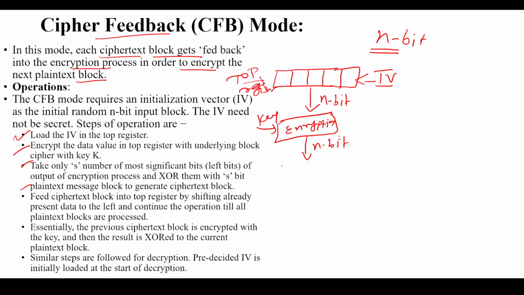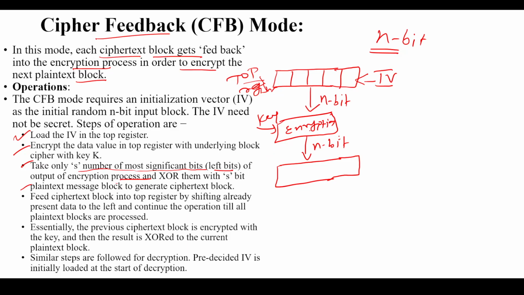After encryption, the next step is to select the most significant bits from the left. So in the third step, we take only s number of most significant left bits of the output of the encryption process.